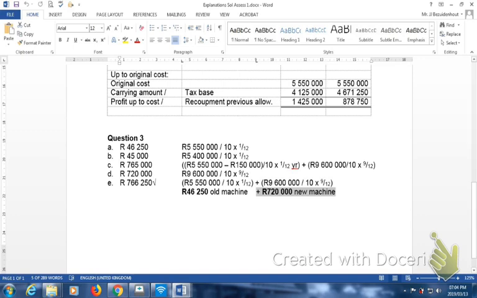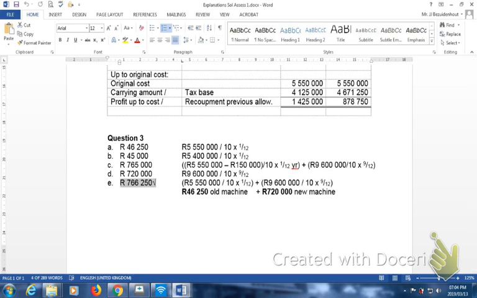So there you get the 720. Add the 2 together, and that gives you number E, 766,250. That will then be your wear and tear allowance, which the receiver will allow you in the current year as a deduction.